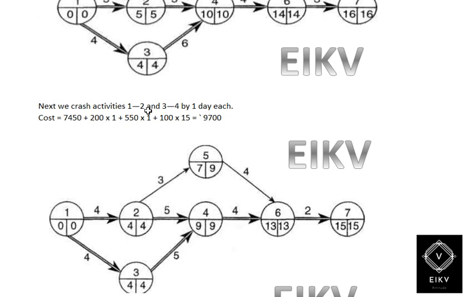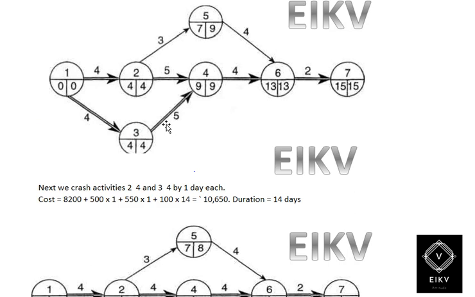Next we crash activities 1 to 2 and 1 to 4 by 1 day each. This cost is equal to 7450 plus 200 into 1 plus 550 into 1 plus 100 into 15 days, which gives you 9700. And the respective network analysis has been given over here.